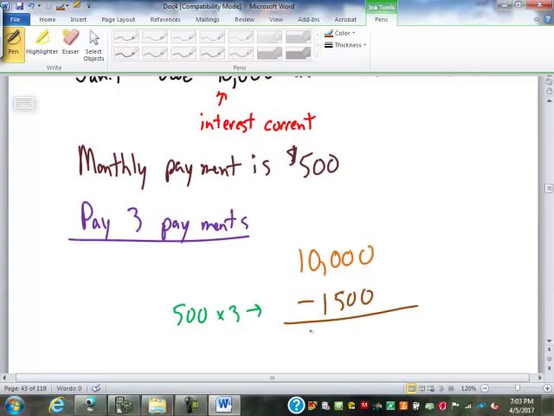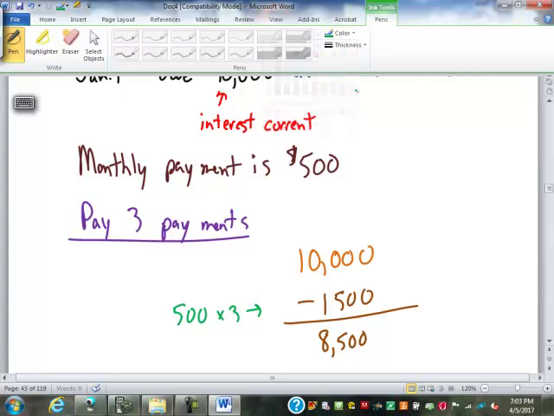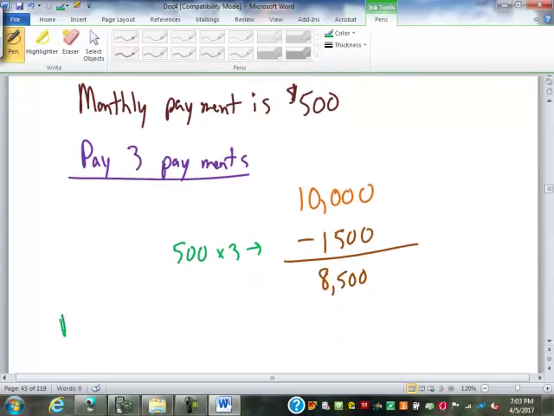So your balance was 8,500. I want to find the balance on April 1st. The reason I chose April 1st is that April 1st is 3 months from January 1st.